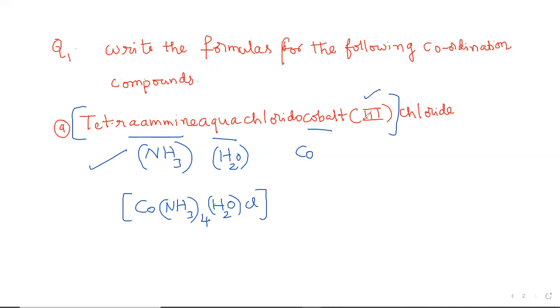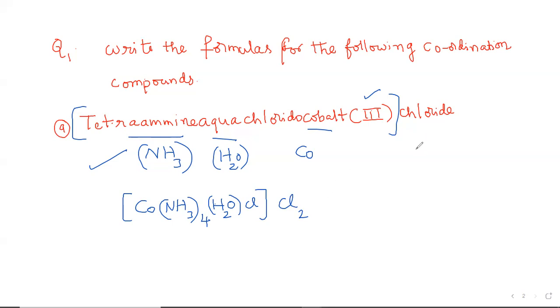But the oxidation state of cobalt is +3, so to get that we should write 2 chlorides outside.